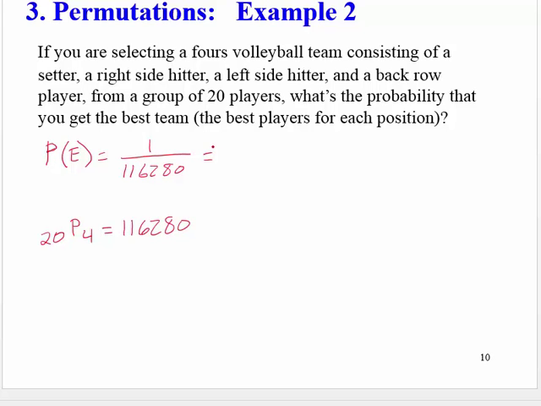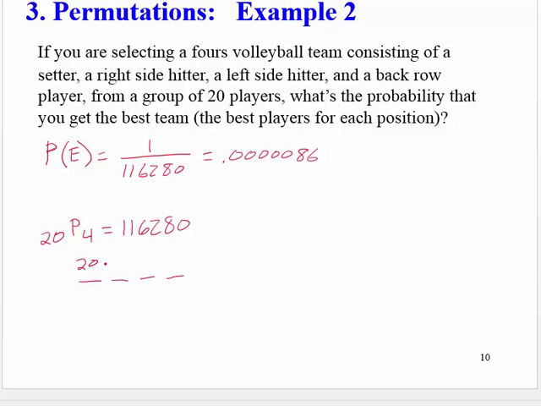And that's equal to 0.0000086. Okay. Now, perhaps the easiest way of getting that is you have 4 spots, right?